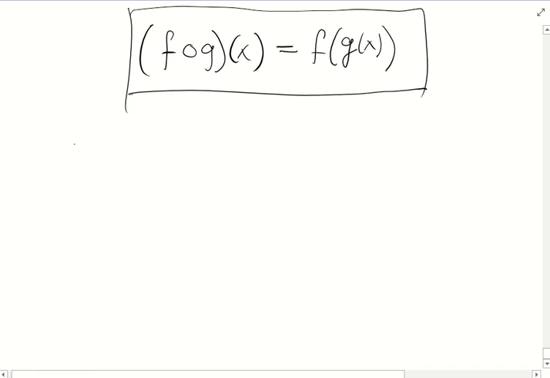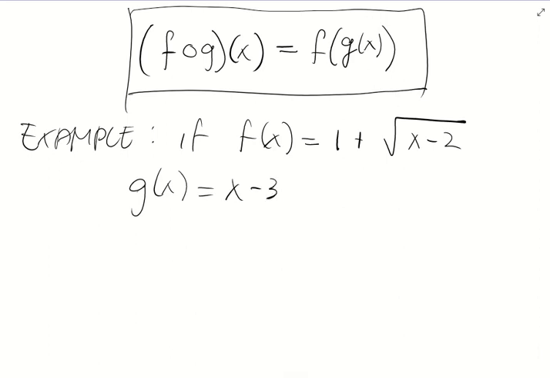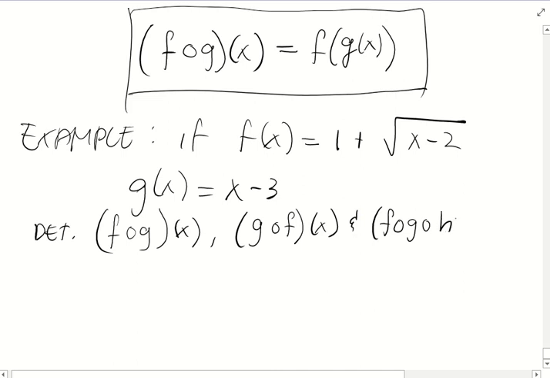So let's take an example. If f of x is equal to 1 plus the square root of x minus 2, and we also have g of x is equal to x minus 3, and we want to determine f composed of g of x, also g composed of f of x, and we can also do three compositions: f composed of g composed of h of x.